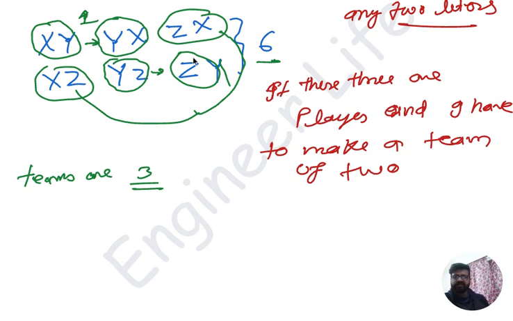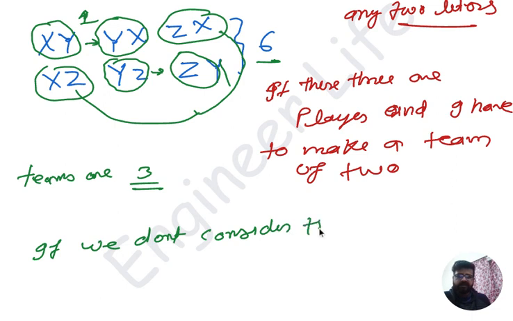Here we don't consider the order, it can be XY or YX. So if we don't consider the order, then it is called the combination.